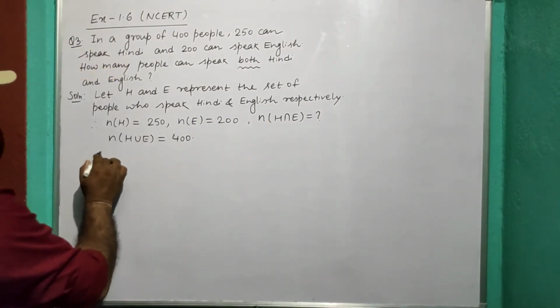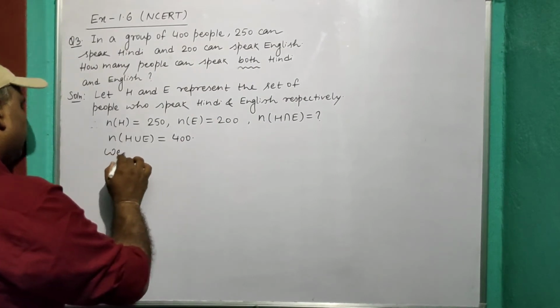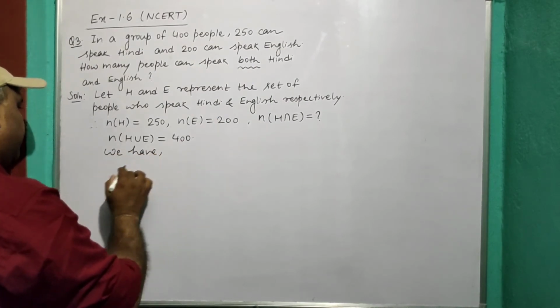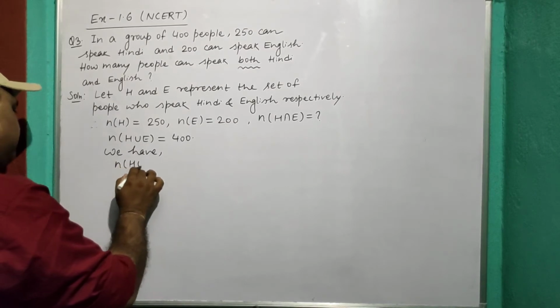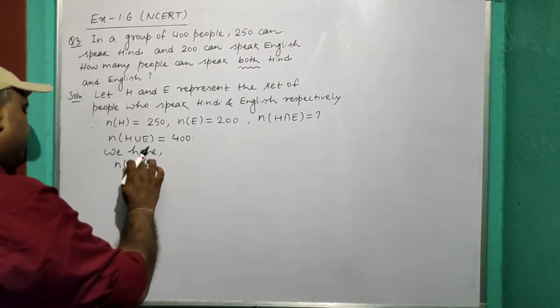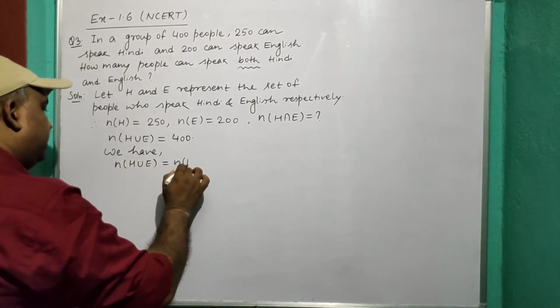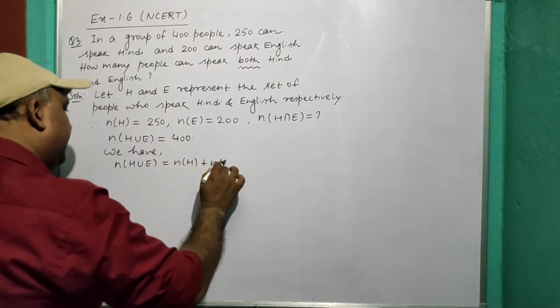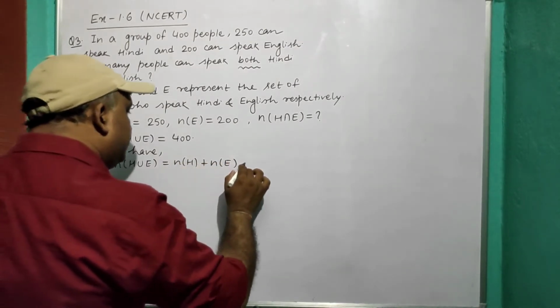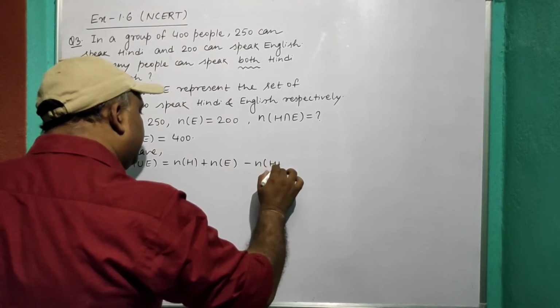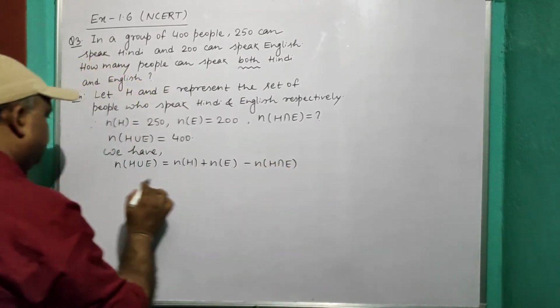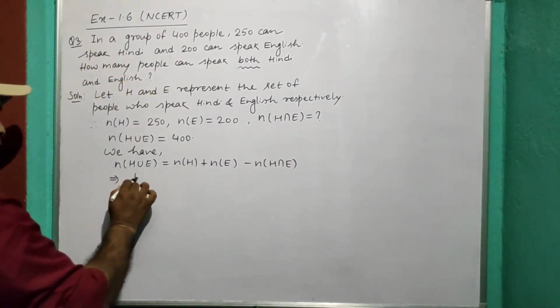So now you can very easily find this H intersection E. So use the formula. What is the formula? n(H union E) equal to nH plus nE minus n(H intersection E). Now put the values.